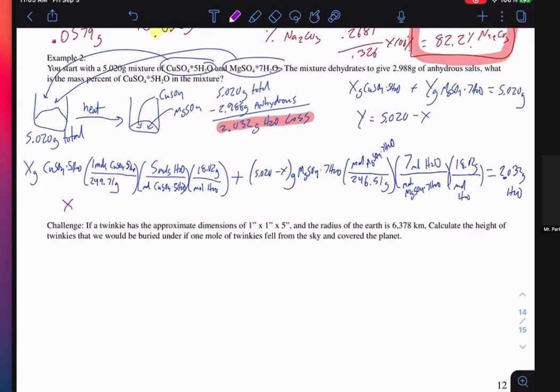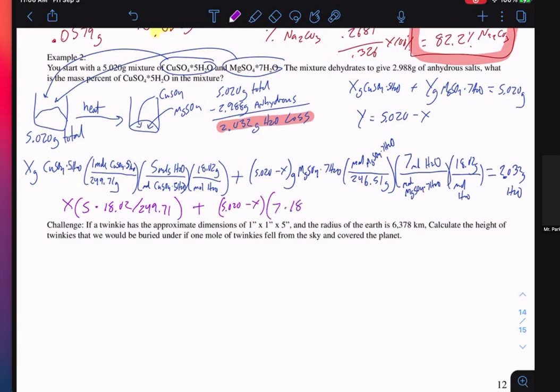Right? So X times 5 times 18.02 divided by 249.71, plus parentheses 5.020 minus X times 7 times 18.02 divided by 246.51.